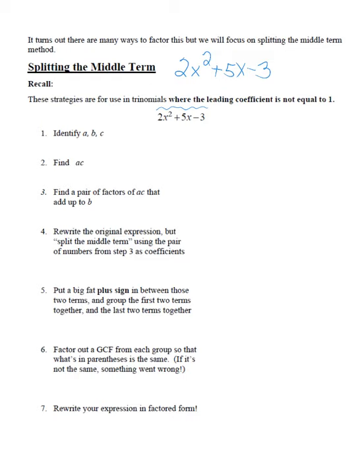Now, if I asked you to factor x squared minus 4x minus 5, you would not need this method called split the middle, or the ACB method, or sometimes called factor by grouping. Okay? Because when we see something like x squared minus 4x minus 5, I see that the a is equal to 1.